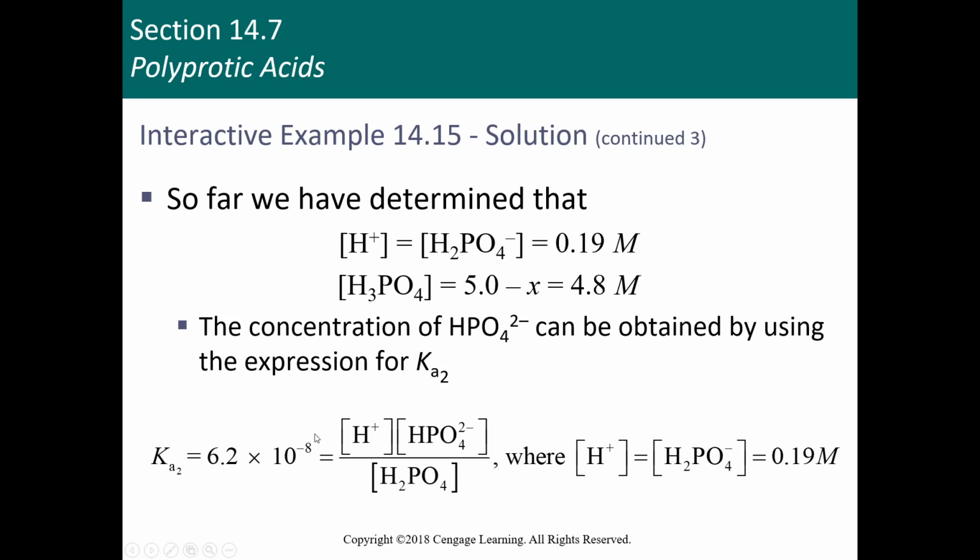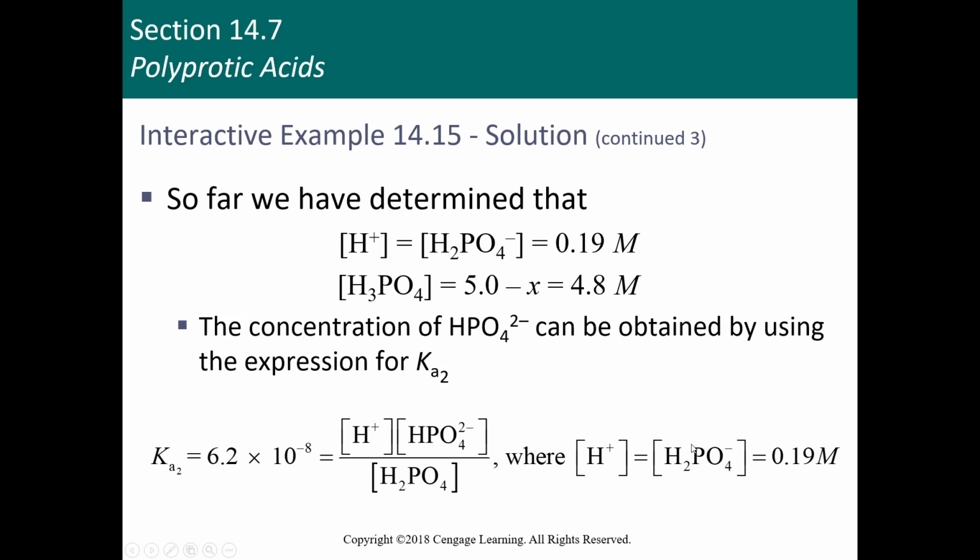And then this is going to be this same expression we see all the time here, which is H plus concentration times the conjugate base, which is HPO4 2 minus in this case, over the acid form, which is going to have the extra H plus. You'll notice I've actually dropped a charge here. Sorry about that. Anyways, it's still the H2PO4. You can get it. It has it correct over here.